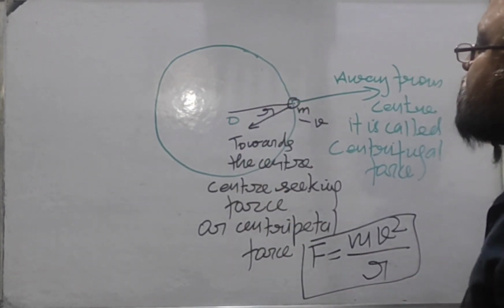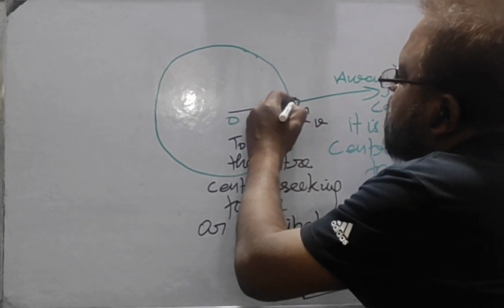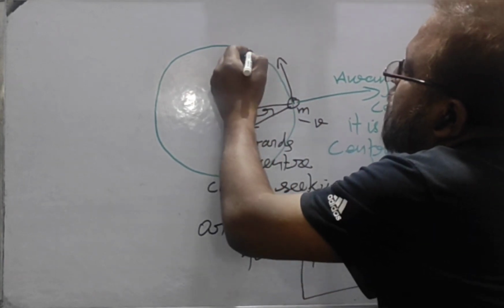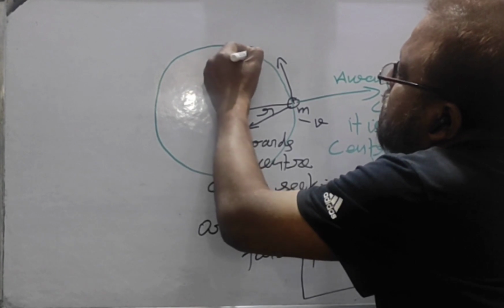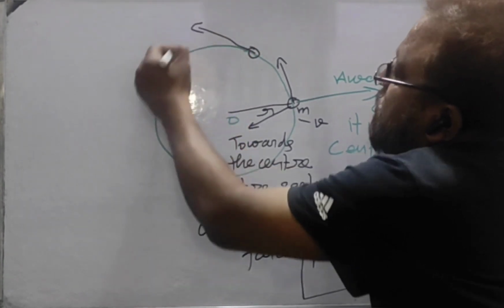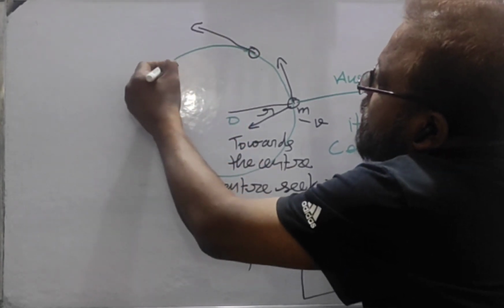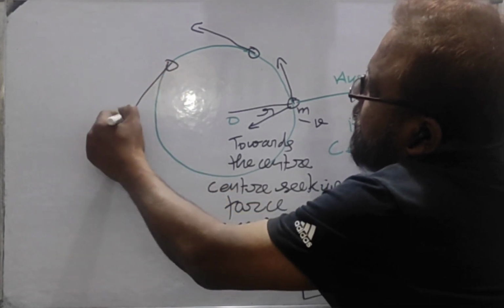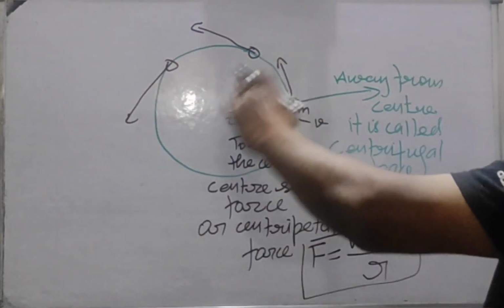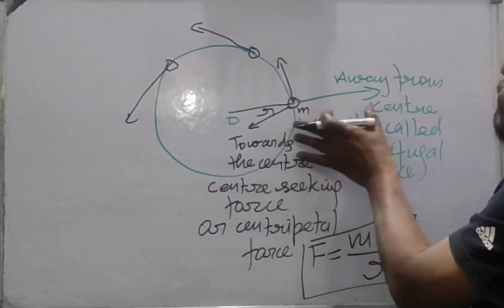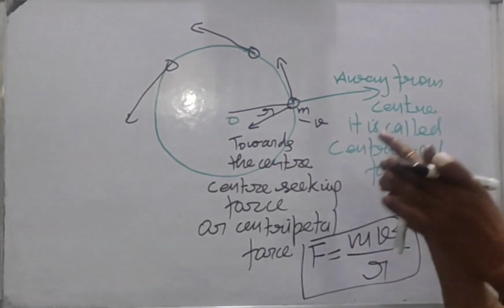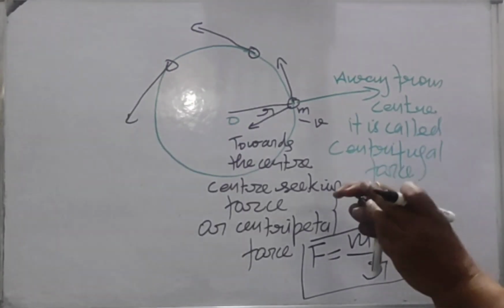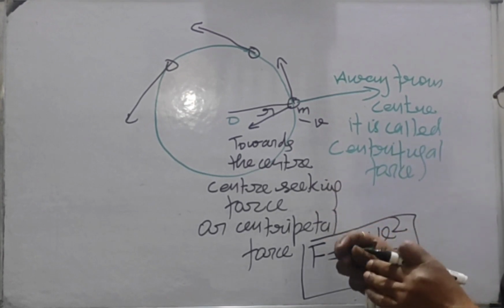Do you understand the tangential direction? Tangent means it will go this way, when it reaches here it will go this way, always in the tangential direction, because these two forces are acting and they both keep the object in balance.